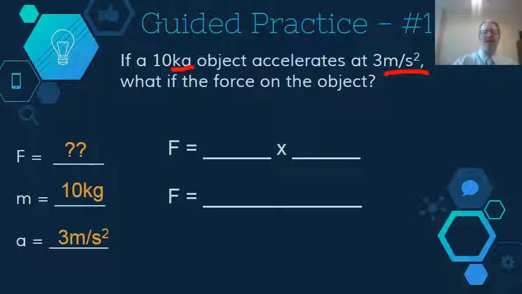So we know that our formula is F equals m times a. So we're going to just put this down here just so we remember it, right? F equals m times a.